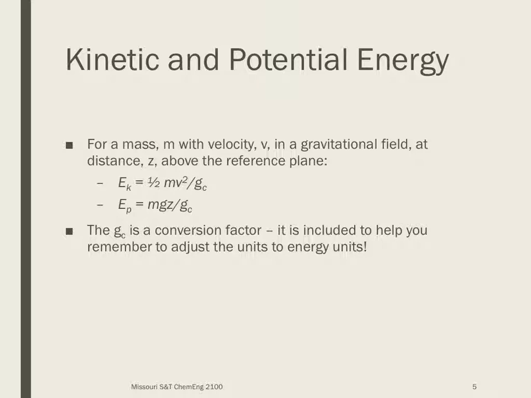Now let's talk about kinetic and potential energy calculations. You've done these before in other courses. We're going to take a mass and we're going to define it as being m.